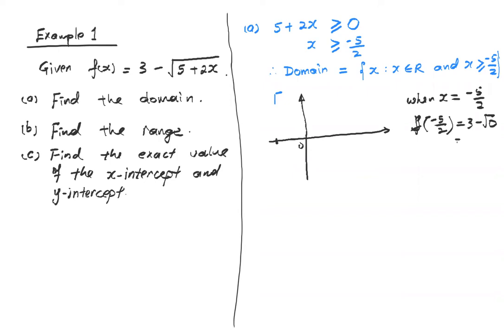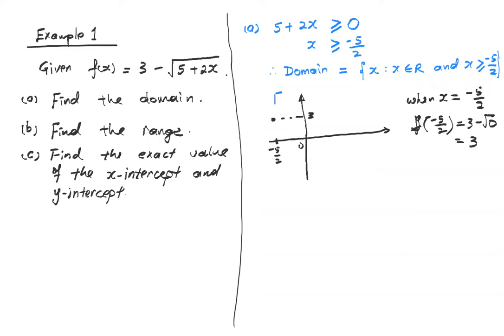So it will be 3. Am I right? So this is my negative 5 over 2, and the y coordinate is 3. So it starts from this point.